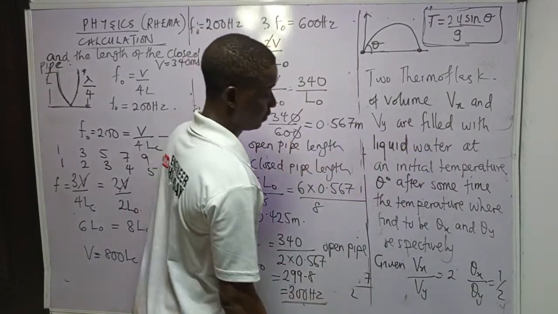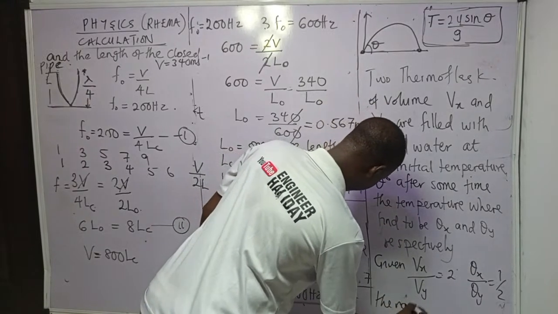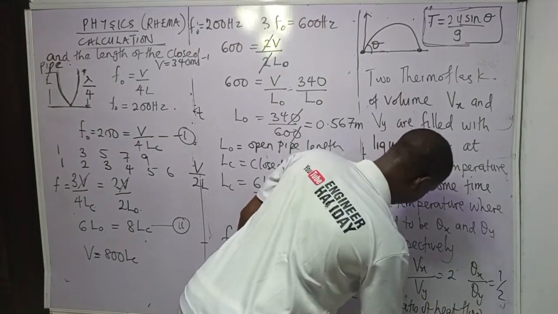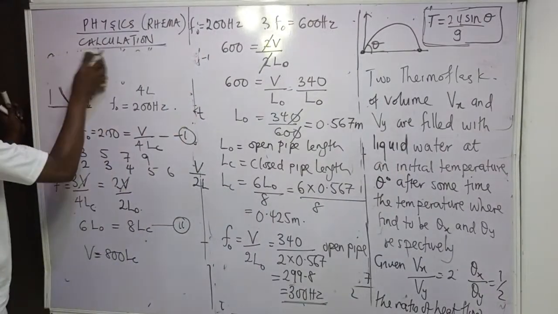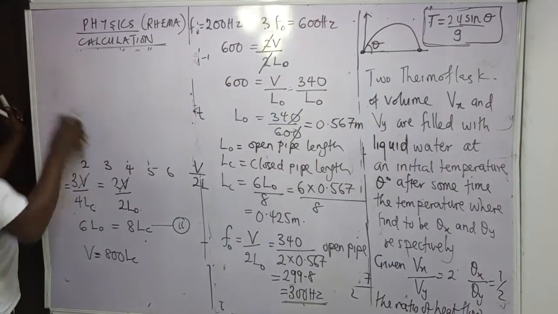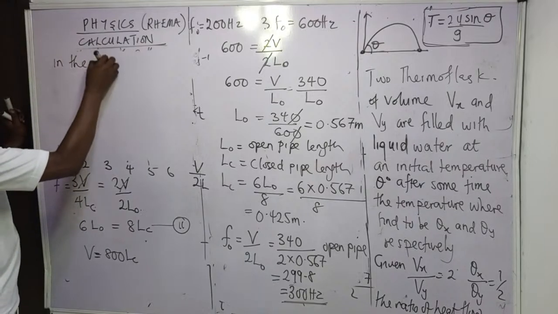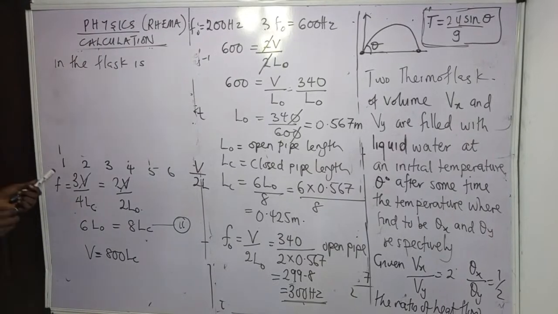the ratio of the heat flow in the flask is what? Now look at the board.